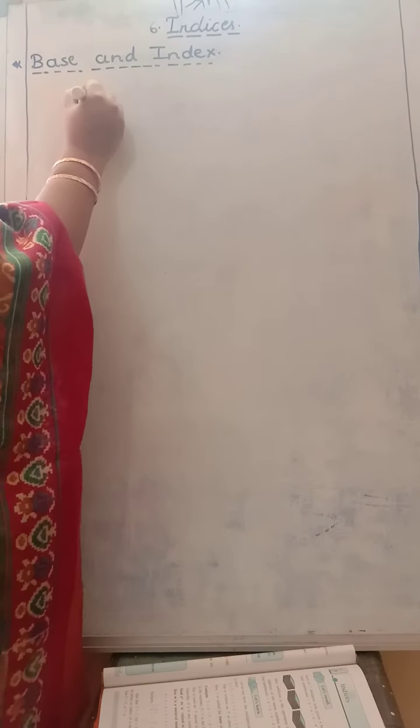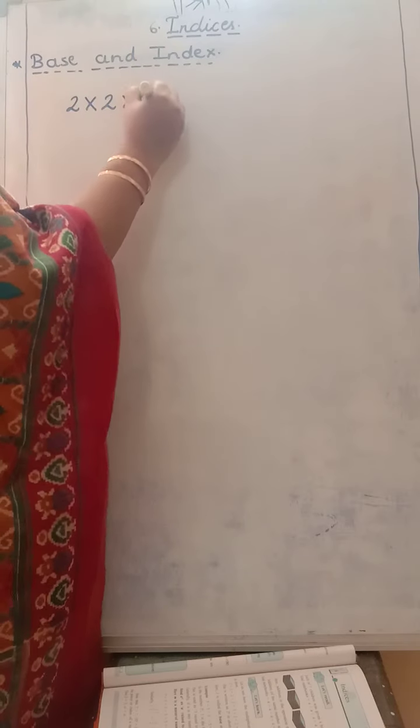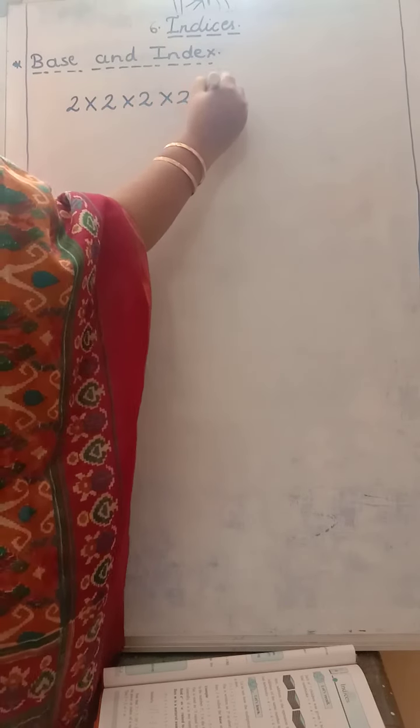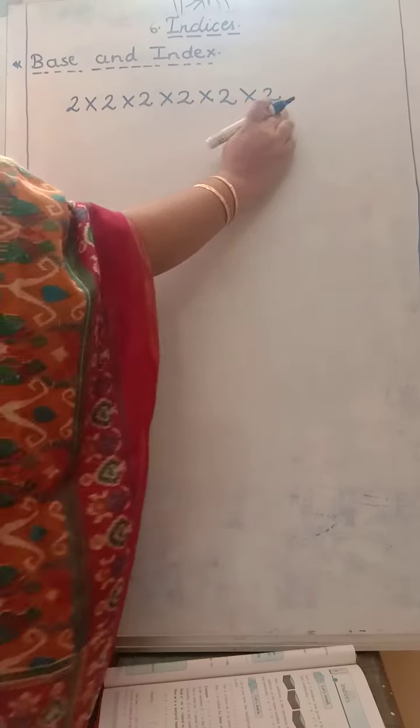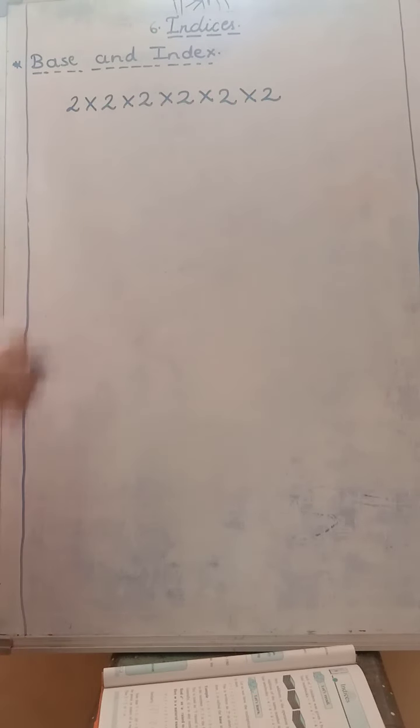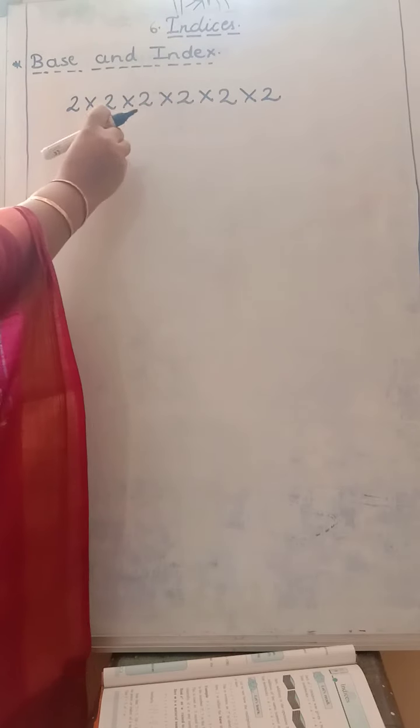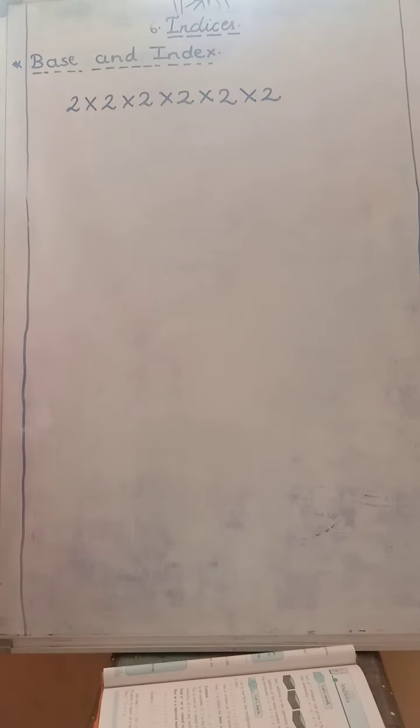Suppose I am taking 2 multiplied by 2 multiplied by 2 multiplied by 2 multiplied by 2. Which number I have taken? 2. Am I multiplying the number itself several times? Yes. Now we will learn how to express this in short.